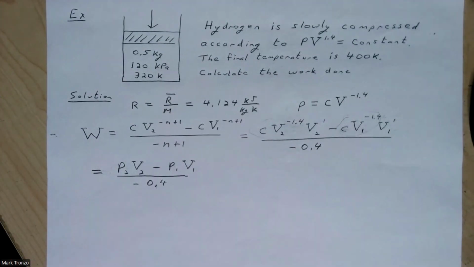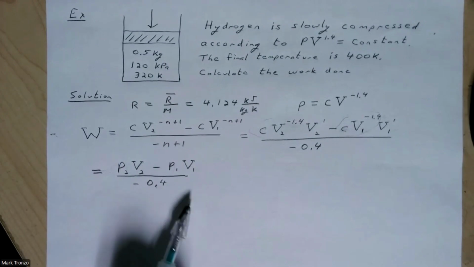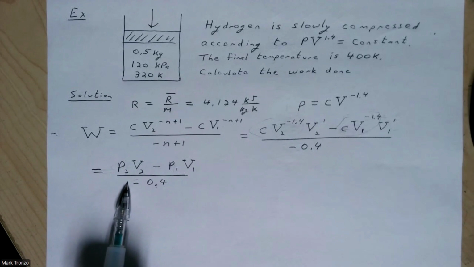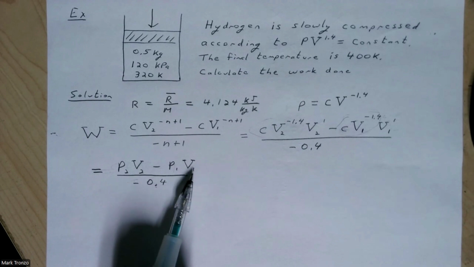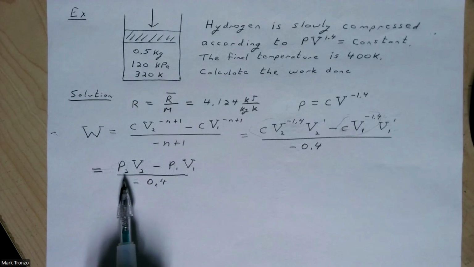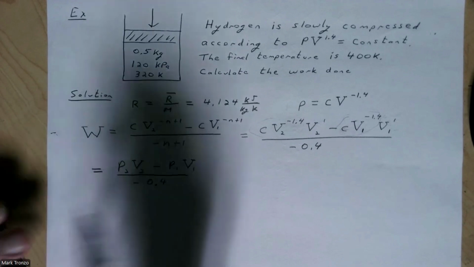Now, of course, we don't know the final pressure. We know the final temperature, and we could use, let's see, so we don't have enough information here, but what we do know from the ideal gas law is that PV equals MRT.